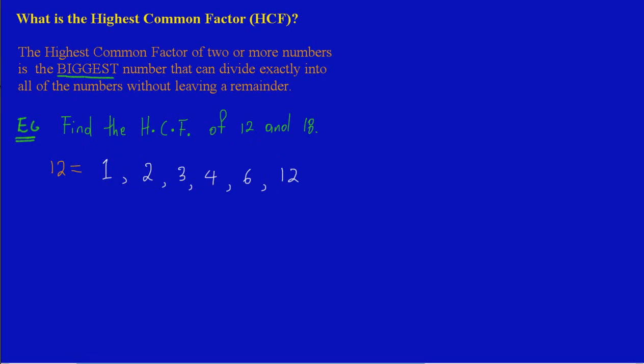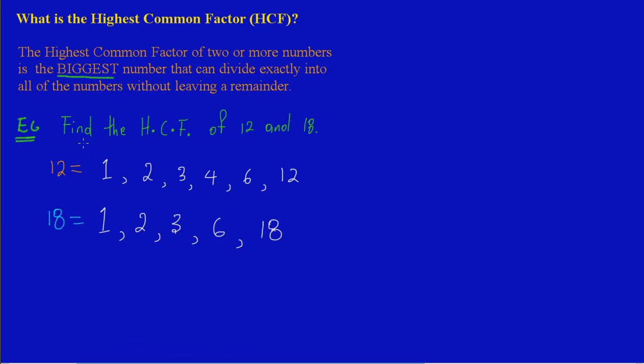Next, I would have to list all my factors of 18. When listing factors of a number, I usually start from 1, then I check 2, and then I know a 3 can go into 18, a 6 can go into 18, and also 18 can go into itself.